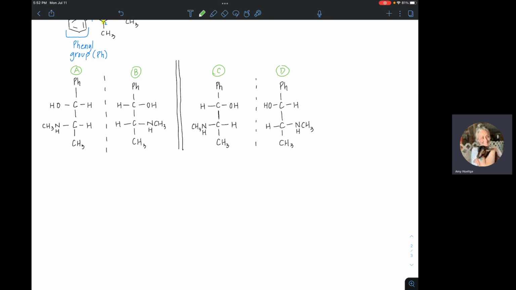So they're all valid. What we have here is a pair of enantiomers. These are enantiomers. These are non-superimposable mirror images. These are a pair of enantiomers.